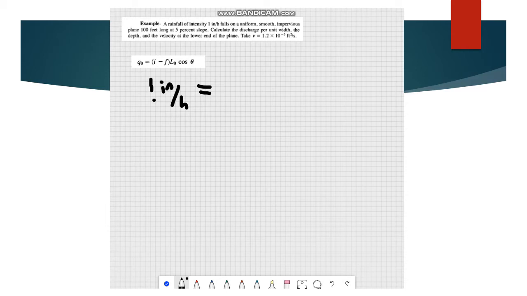So 1 inch per hour is 2.32 times 10 to the minus 5 feet per second. Okay, we converted inch per hour to feet per second. Good. Now we are going to calculate theta.